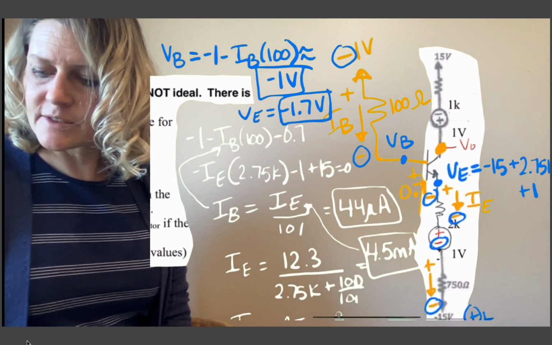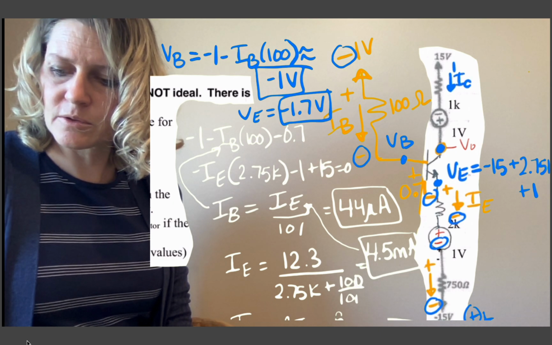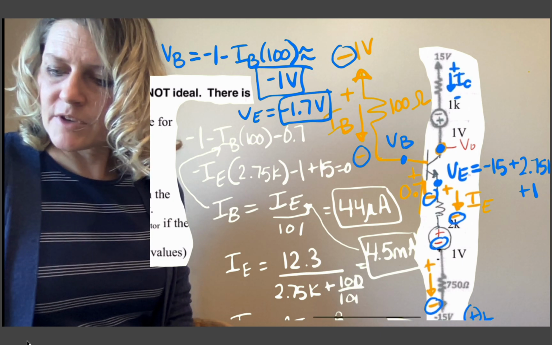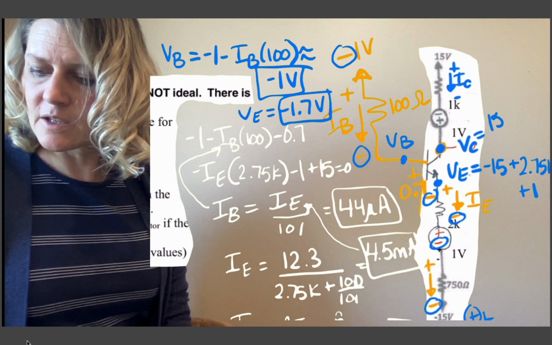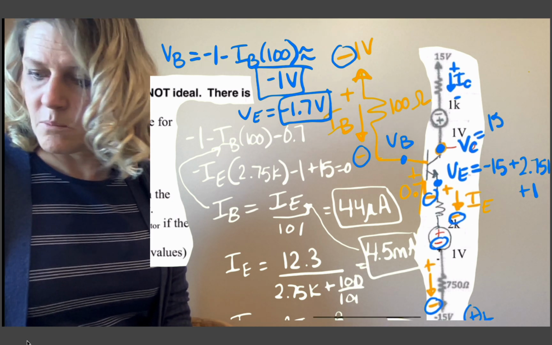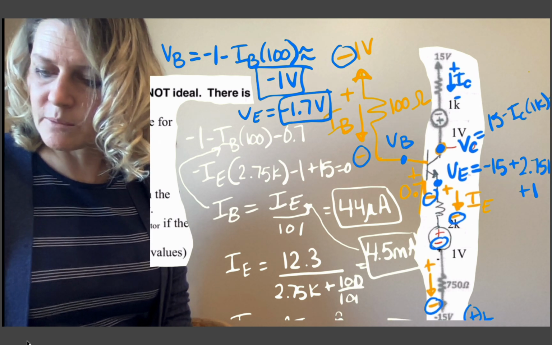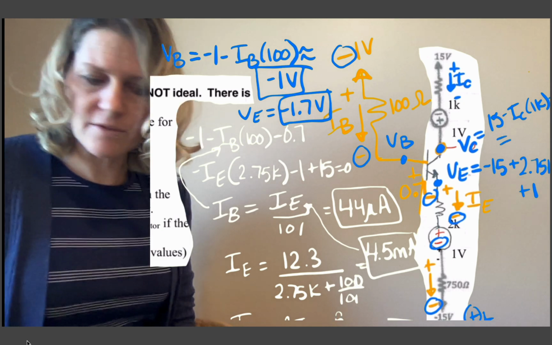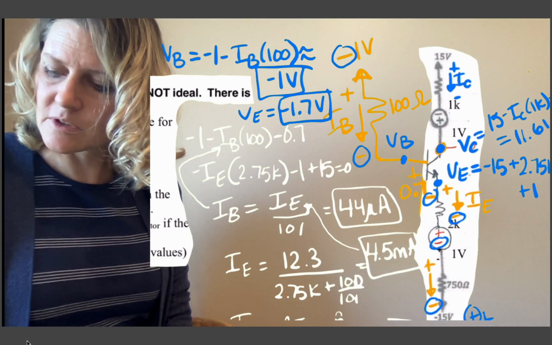And then VC, which is up here, you're going to use the IC value, and VC is 15 minus IC 1K plus 1. And so that value ends up being 11.6 volts.